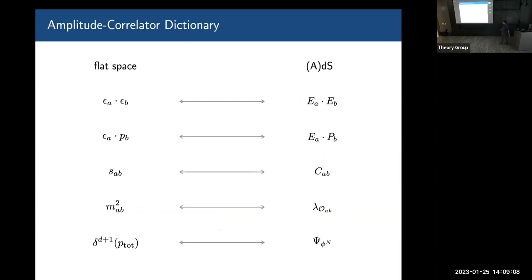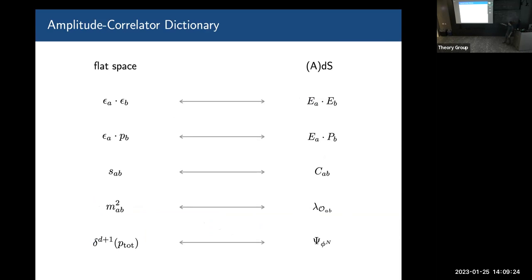So basically we now have this very nice dictionary between the amplitude structures and the manifestly conformally invariant structures in AdS and dS. On the right column we have these differential operators on the AdS and dS side.